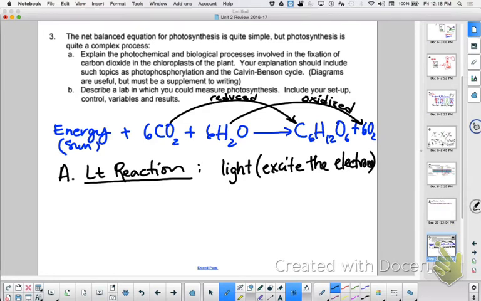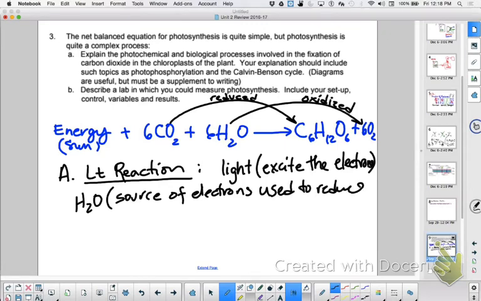Okay, so tell me something else that you need in a light reaction. Water. Why do you need water? What's the importance of water? It gives up the hydrogens, which are the electrons. Okay, so it's a source of electrons that are used to reduce what?